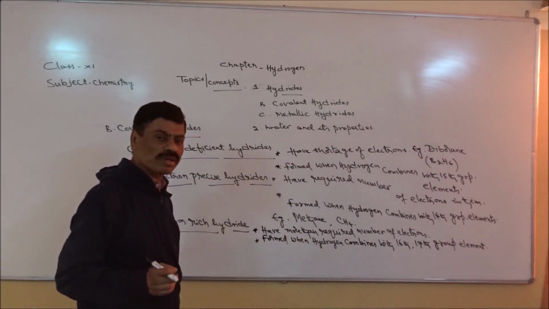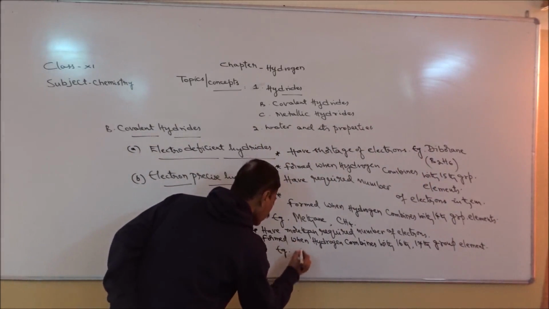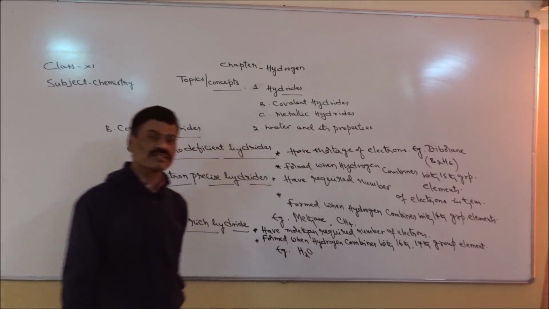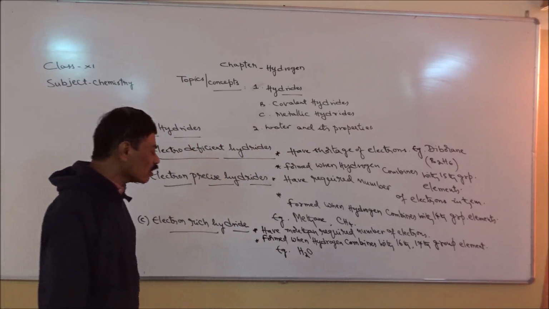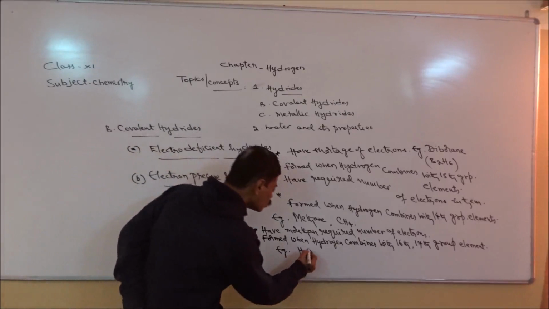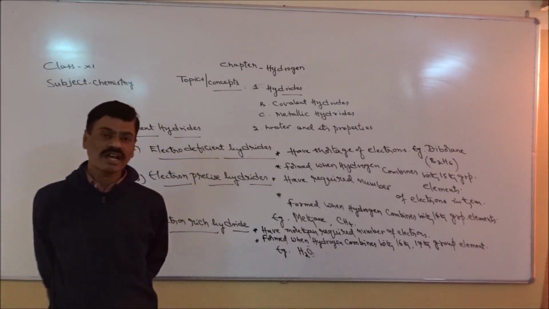Example for a 16th group element is oxygen. So here we can take the hydride of oxygen, that is H2O. This is dihydrogen oxide, the chemical name of water. Oxygen belongs to 16th group and it has two lone pairs of electrons. So it is an electron rich compound.